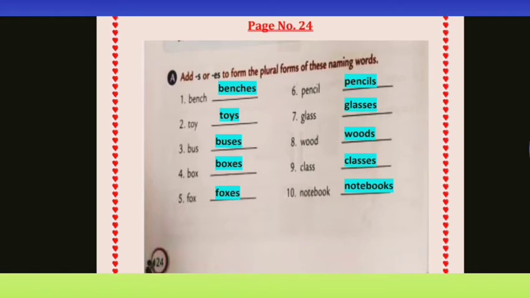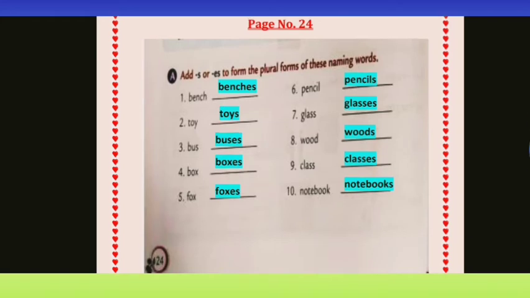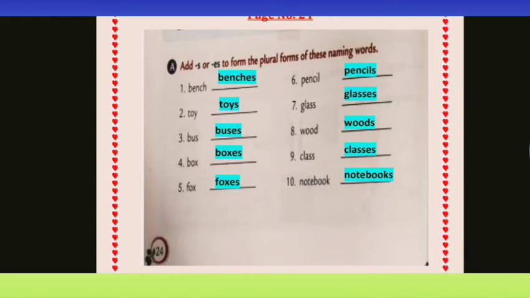Bench, benches. You have to write the complete word benches in the given blank, students. Write the complete word. Don't write only es. B-E-N-C-H-E-S. Benches. Toy, toys. In toys, es is not required, students. Toys is spelled with s only.